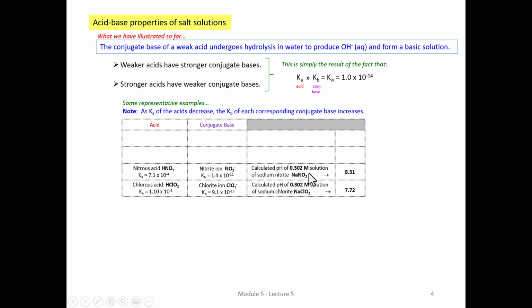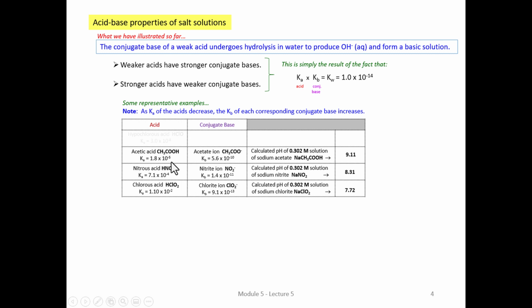And if we make a 0.302 molar solution of sodium nitrite, delivering nitrite ions, we get a little higher pH, 8.31, because the weaker acid has the stronger conjugate base. If we keep making the acids weaker, we've now come to acetic acid and acetate. We now get a pH of 9.11 for the hydrolysis of acetate.